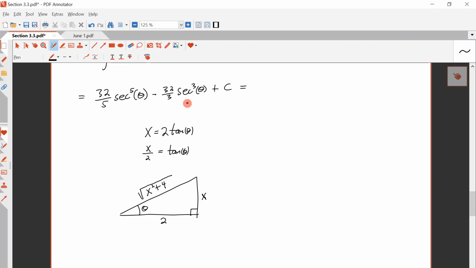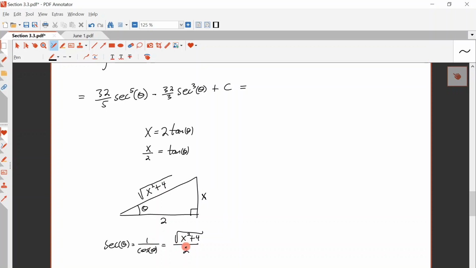Right? So now what is secant theta? Secant theta, well, that's 1 over cosine theta. Cosine theta is the length of the adjacent side over the hypotenuse. So this is hypotenuse over adjacent side, so this is square root of x squared plus 4 over 2. Right? Cosine is 2 over square root x squared plus 4. So the reciprocal is that.